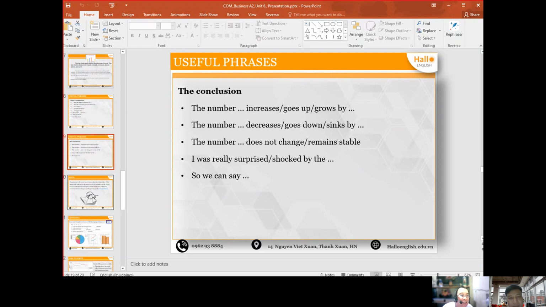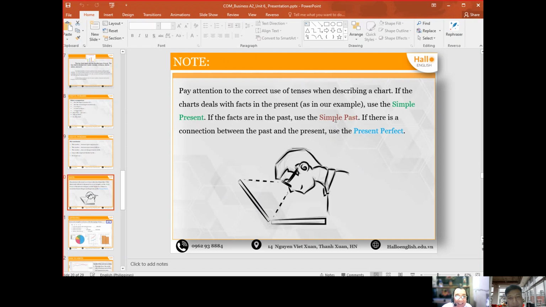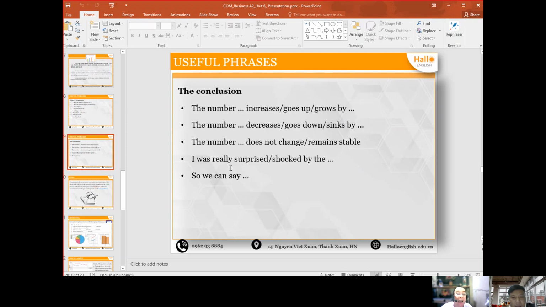That is under simple past tense. The simple present tense of that, we can say I am really surprised, without the D, or I am shocked by the, without ED. That is in the simple present.